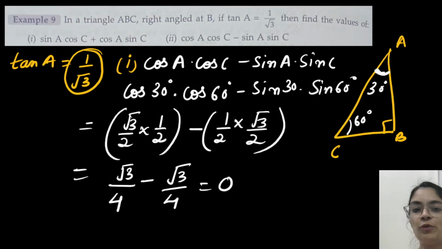In flow, sometimes I go wrong. So thanks for bringing my attention there. I just wrote cos 30 as 1 by 2 and cos 60 as root 3 by 2. So it was opposite. Okay, let's do the next one now.